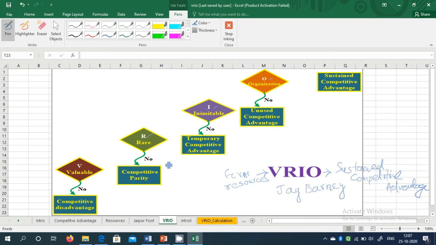First of all, are your organization's resources valuable? A resource may be there, but if it is not valuable, we cannot call it valuable. How can you find out whether the resource is valuable or not?